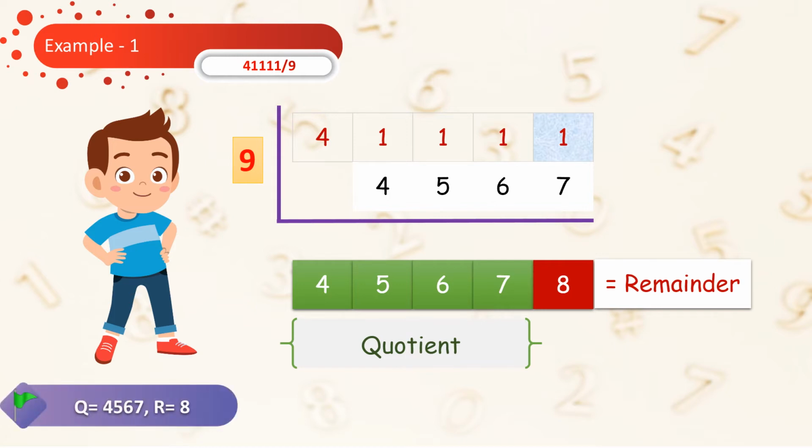So the final quotient here is 4,567 and the remainder is 8. Now this is one of the simplest examples because the numbers were very small, like 4, 1, 1, 1. We will see a couple of more examples where the numbers are slightly bigger, which may end up generating carry, and how do you handle those carries in those cases.